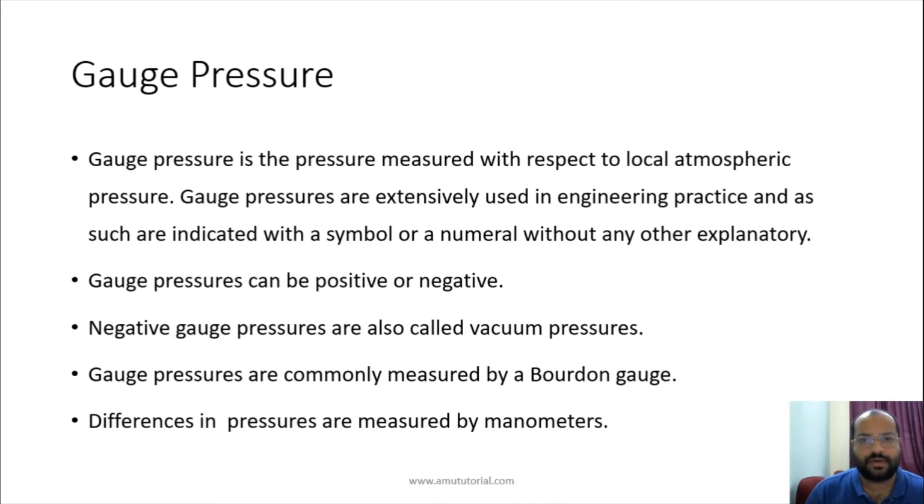Another way to denote pressure is gauge pressure. Gauge pressure is the pressure at point M minus the atmospheric pressure. It is a difference, and it will be equal to gamma H. This is the gauge pressure.